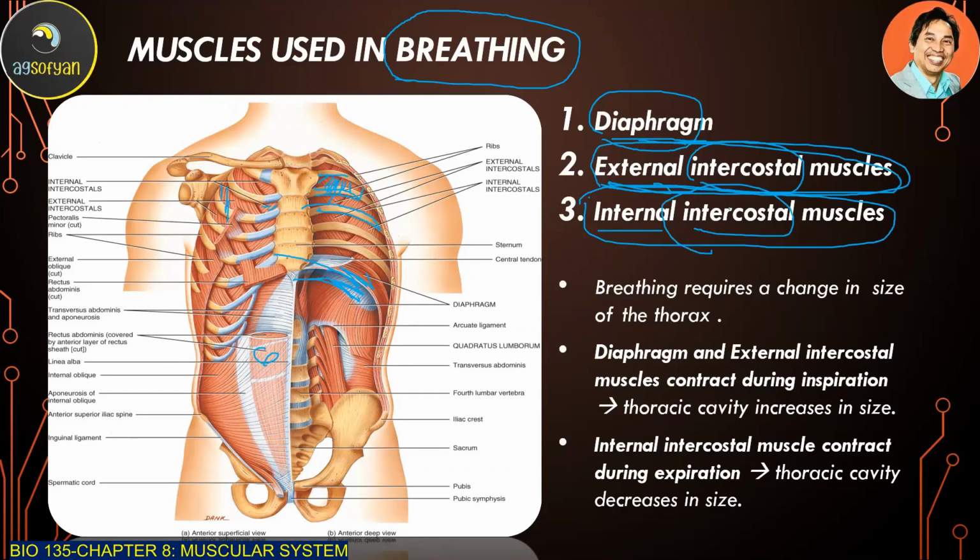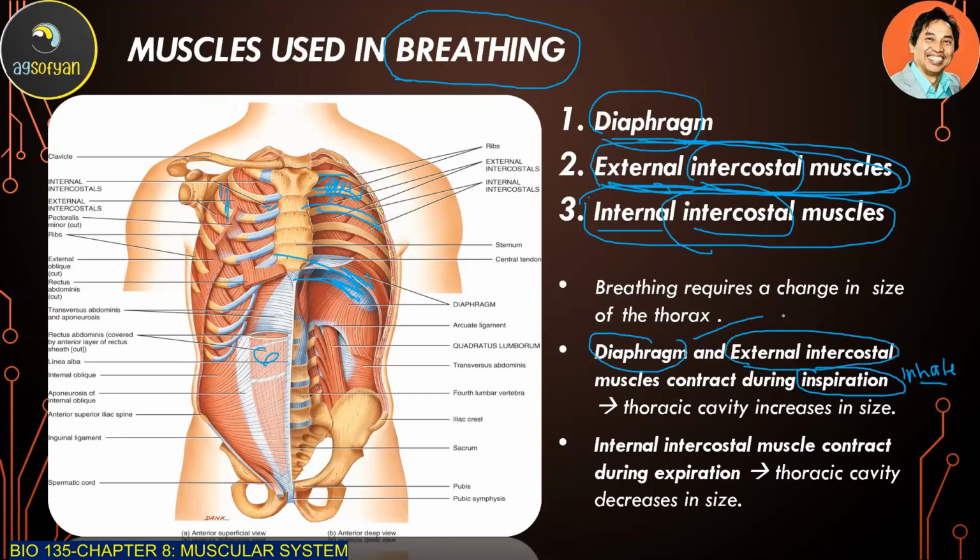Now, how do they control it? When we breathe in, or during inhalation, inspiration, when we inhale the air, two muscles will be contracted, which are the diaphragm and the external intercostal muscle.